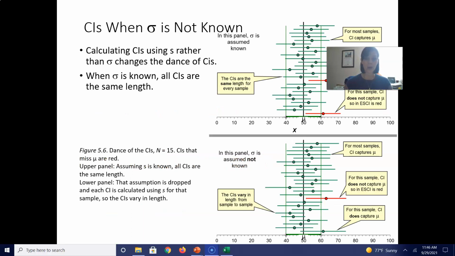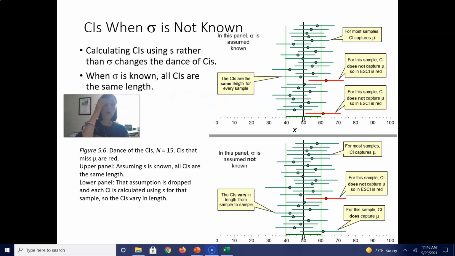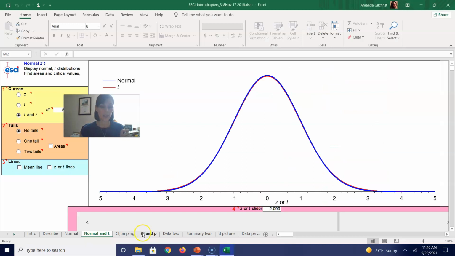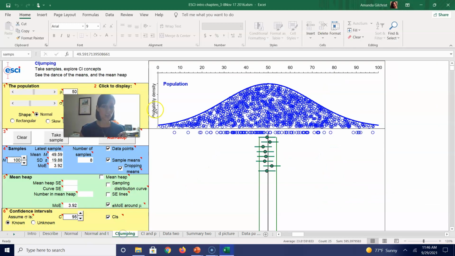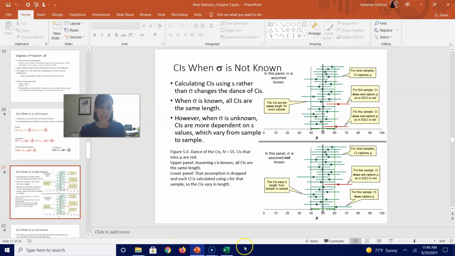So now I'm going to finish up by doing one more confidence interval, and this time we are not going to know sigma. So I'm going to go back into confidence interval jumping. I'm going to go ahead and clear this data. And as the figure kind of suggests, I'm going to do exactly what we had before.